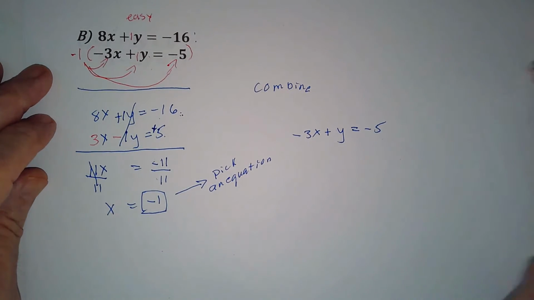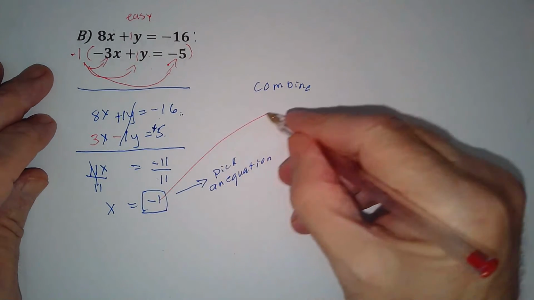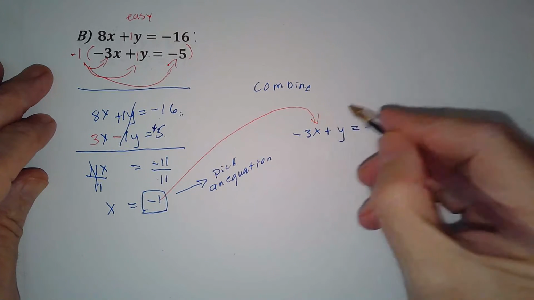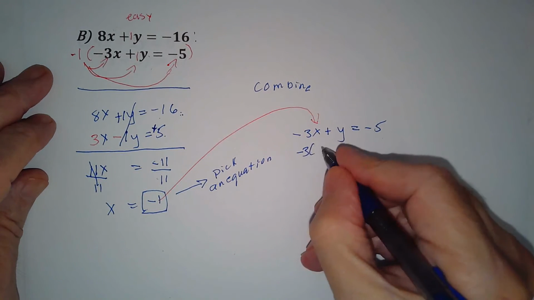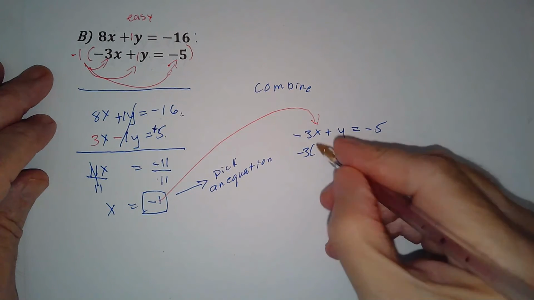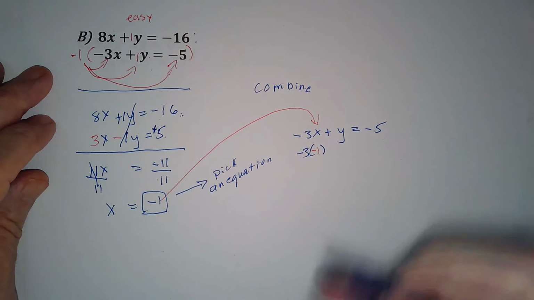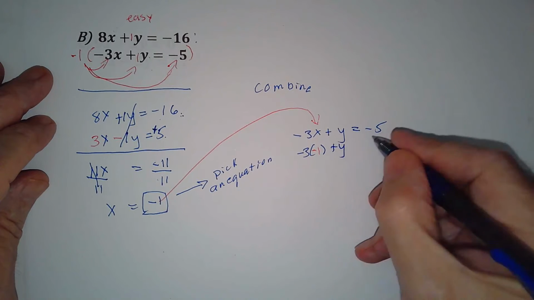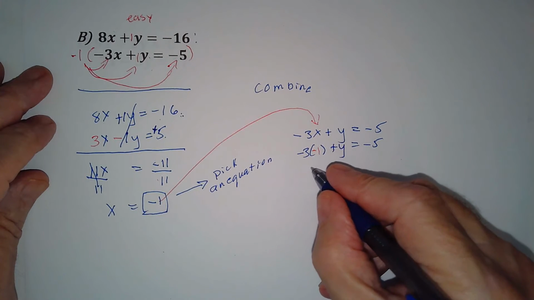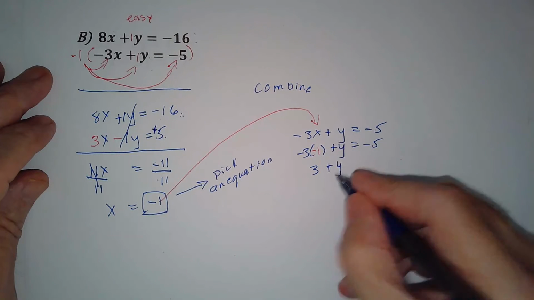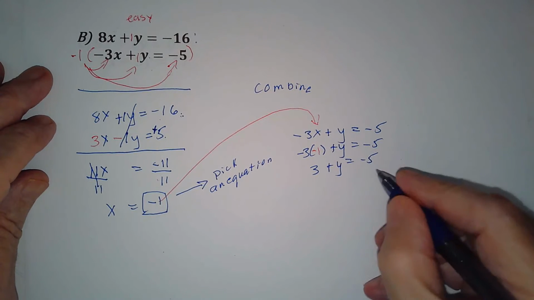And then we're going to substitute the negative 1 for the x. So we have negative 3 times negative 1 plus y equals negative 5. So negative 3 times negative 1 is positive 3. 3 plus y equals negative 5.